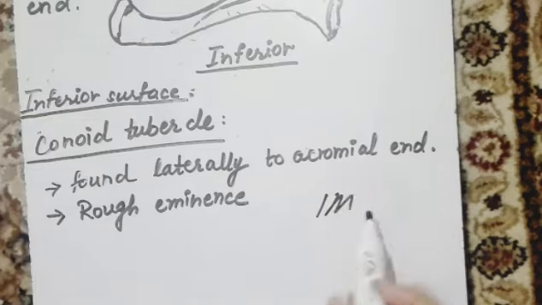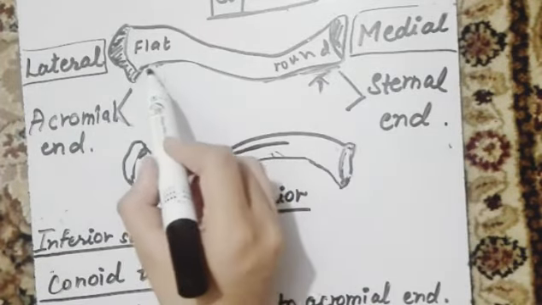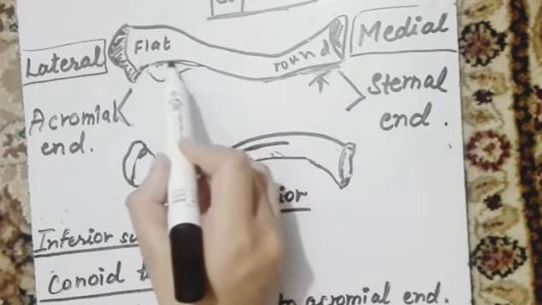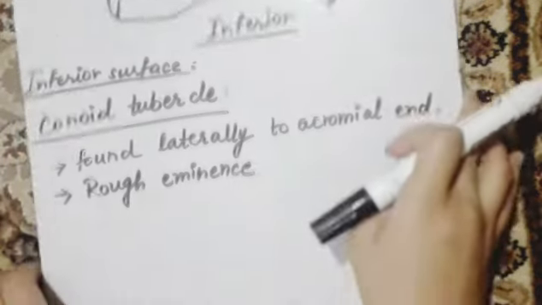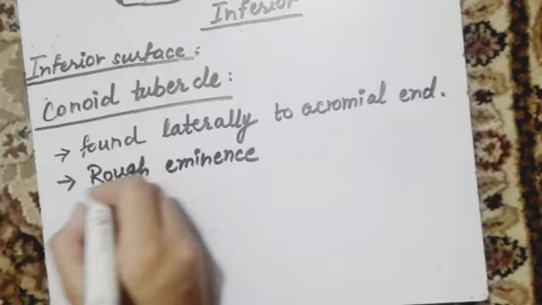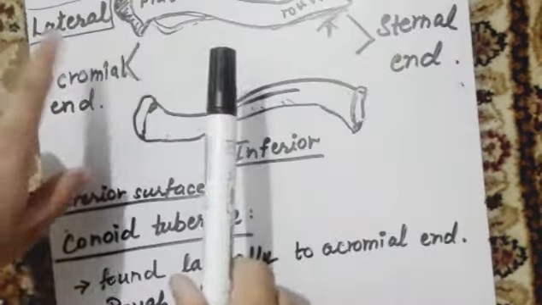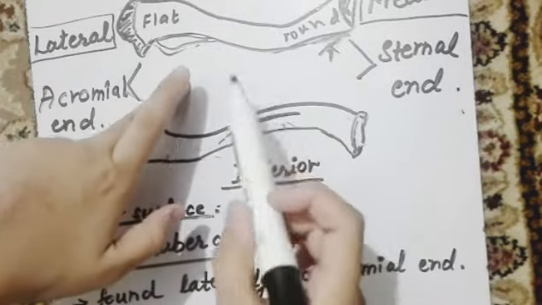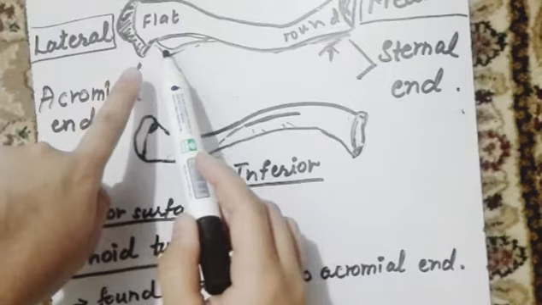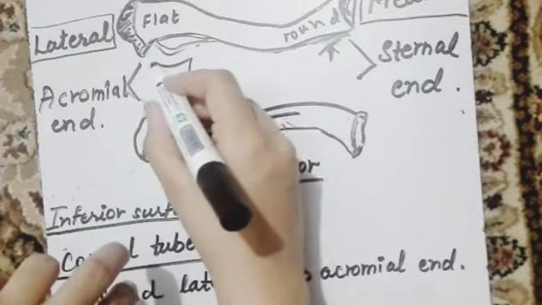Again, it is rough, and here it's shaped like this. Here on the acromial end, on the rough surface where the flat surface is found. So it is actually here on the flat surface. Just to remind you again, it is found more laterally towards the acromial end.